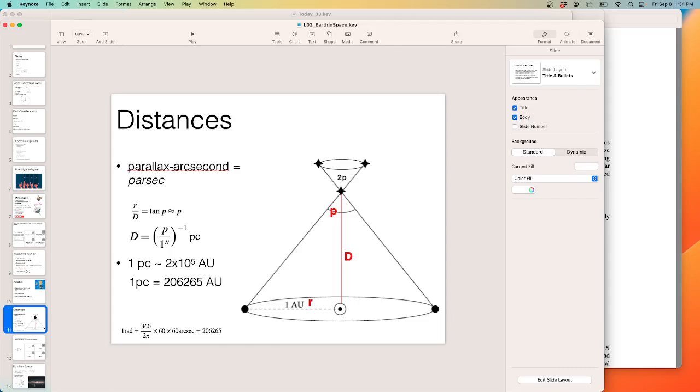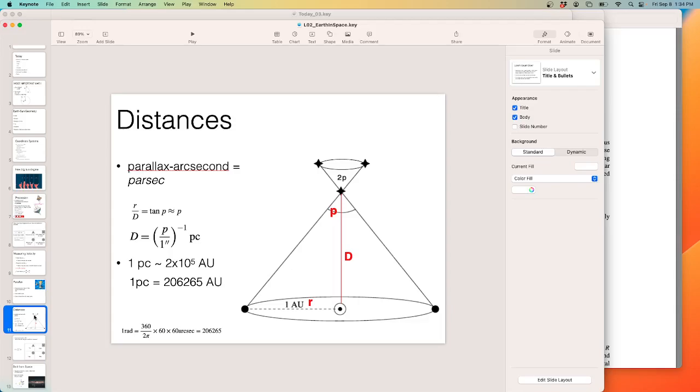This is the apparent shift in how much that star moves on the sky. And then the distance, well, D equals r sine theta, that's geometry, equals r theta. Now I gotta have theta in radians. That's the only way that the small angle approximation makes sense.